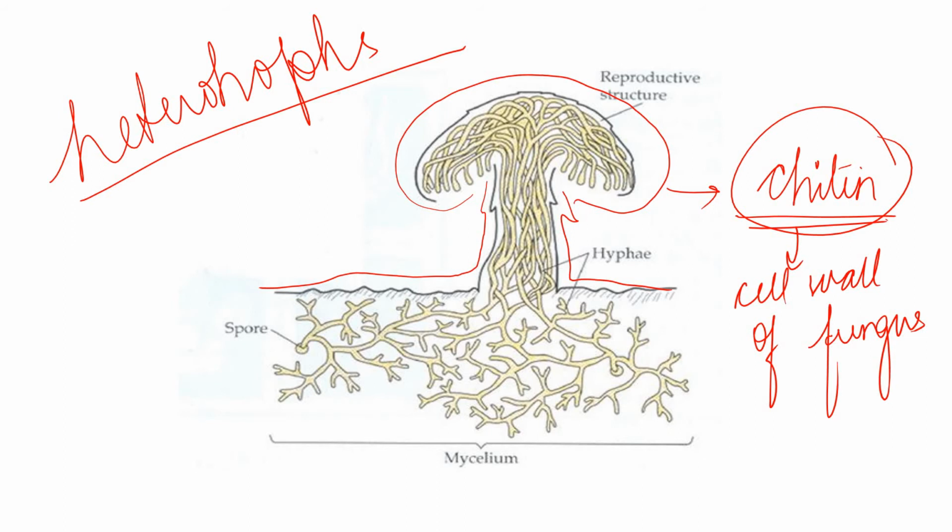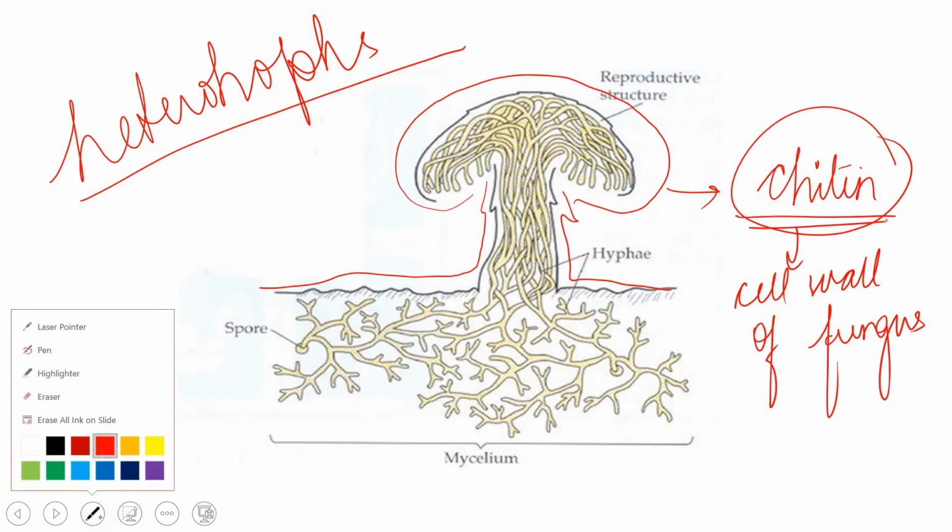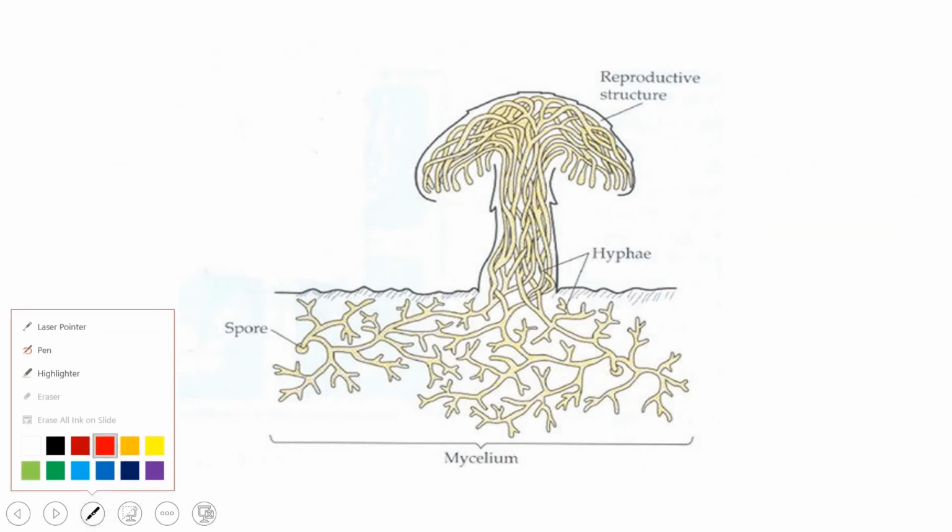All right. Next, the body of a multicellular fungus is known as mycelium, which is made up of thread-like structures called hyphae. Can you see this structure? It's given here. Let me just erase all the ink and then you will understand it clearly. Okay.